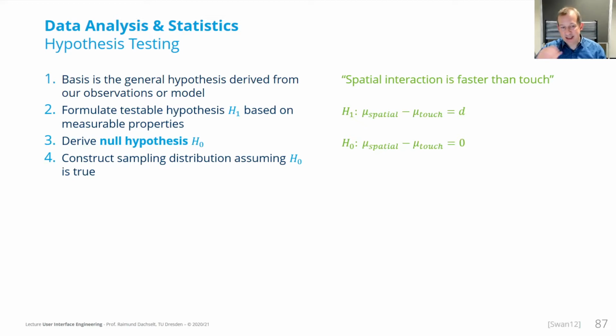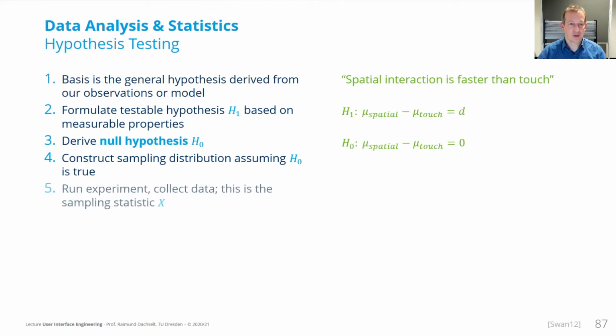And the idea is now to construct a sampling distribution, assuming that this null hypothesis is true. So if you have a distribution, say 24 participants with their collected data on the task completion times, for which we first of all assume that there is no difference between them.